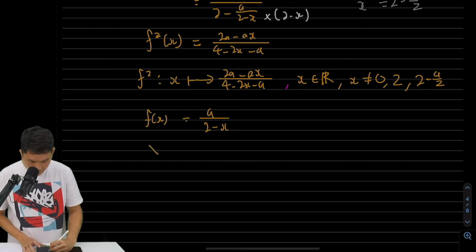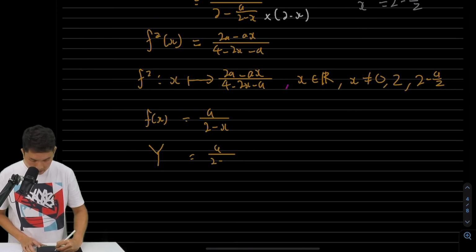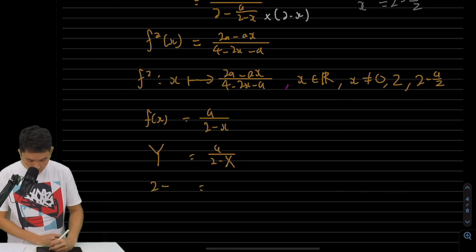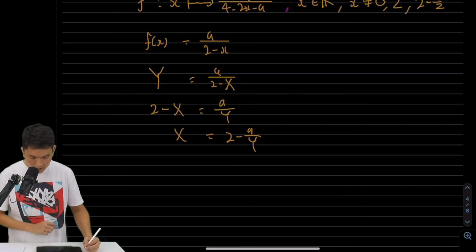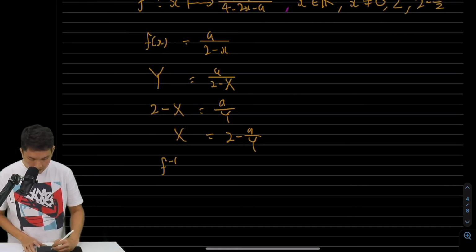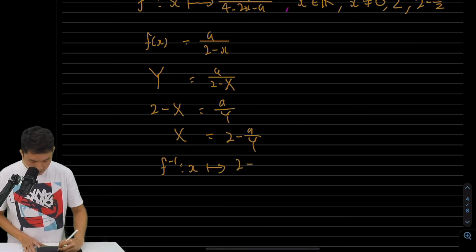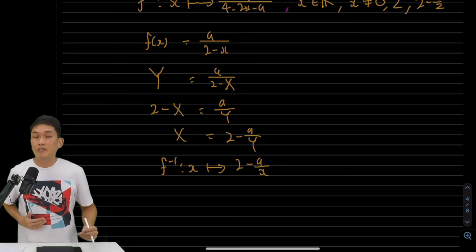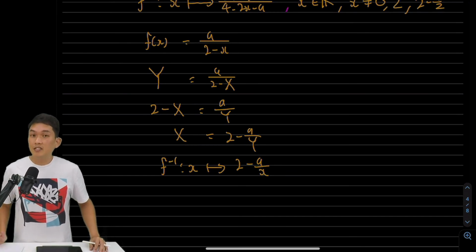I'm going to let f of x become big Y, and my small x becomes big X. Then I'm going to make big X the subject of the formula. 2 minus big X equals a over Y. Big X equals 2 minus a over Y. And here, I can say that f inverse of x will get mapped to 2 minus a over small x. So this is the method to get the inverse function.